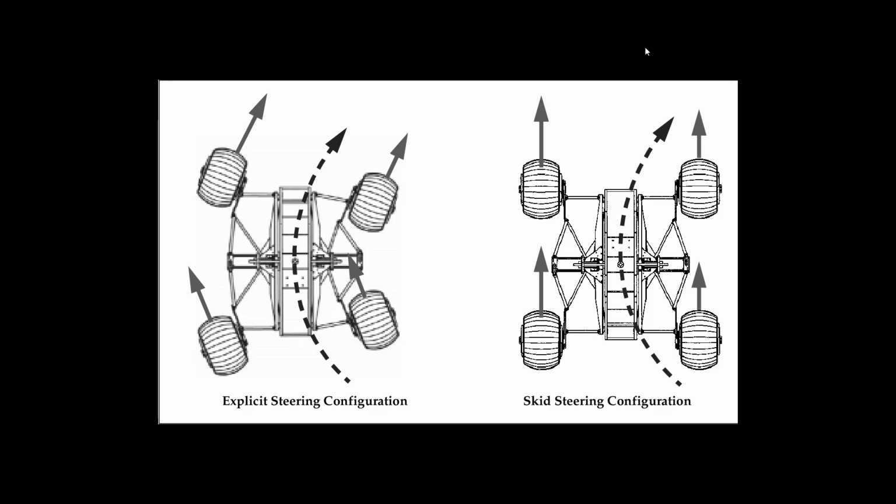In differential steering, each of the tires is run independently, but in skid steering, all the wheels are mechanically linked, so they run at the same speed. By reducing the speed on either side of the vehicle, the steering is done in the skid steering configuration.